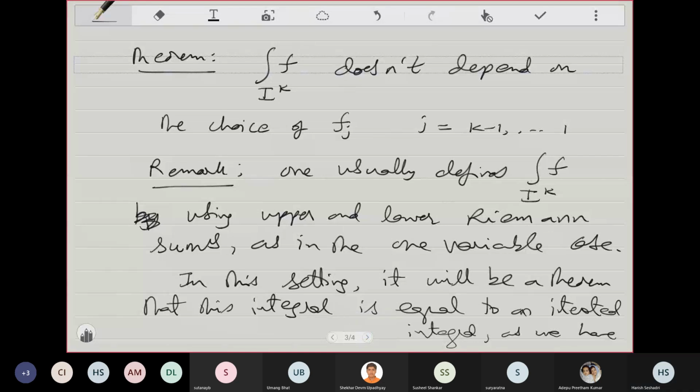Actually, if you take the Riemann sum approach, that will become easier, because the definition of the integral in this other approach will not involve one variable integrals at all. So if you show that this integral of f is equal to one specific iterated integral, then any other iterated integral will also be the same thing.